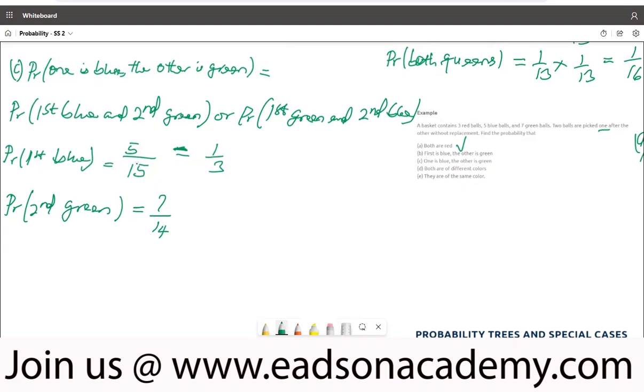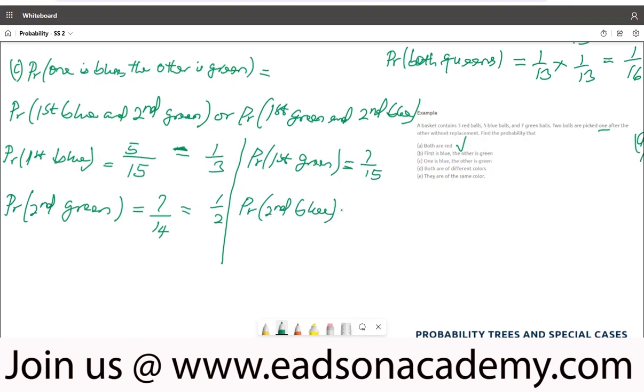But the total has reduced to 14 since you drew 1 there, which is 1 over 2. Okay, this is for the first bracket. Now for this second bracket, let's do it here. Probability that first is green will be, if the first is green, that is 7 over 15. Then the probability that the second is blue will be: how many blue do you have? 5.